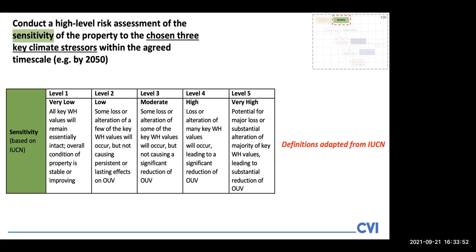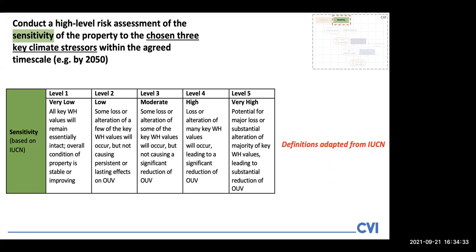And so you'll see there that the different levels of sensitivity move from key World Heritage values remaining essentially intact and the overall condition of the property is stable or improving, to level 2, some loss or alteration of a few of the key World Heritage values, but not with persistent or lasting effects. Under level 3, a moderate sensitivity would reflect some loss or changes to some of the key World Heritage values, but not causing a significant reduction of OUV.